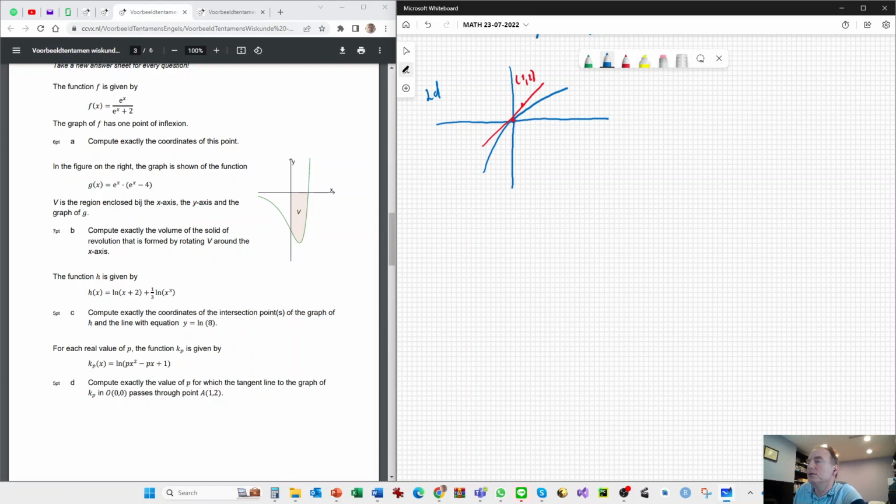So the slope has to be 2 minus 0, divided by 1 minus 0. So this is a 2 here.